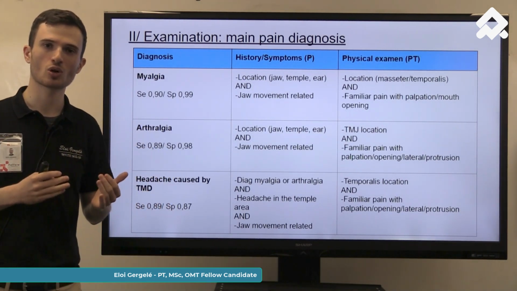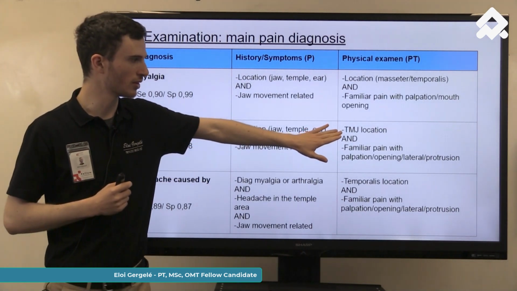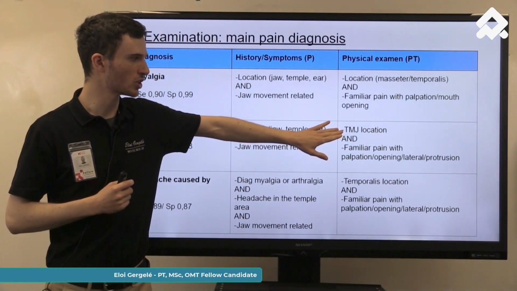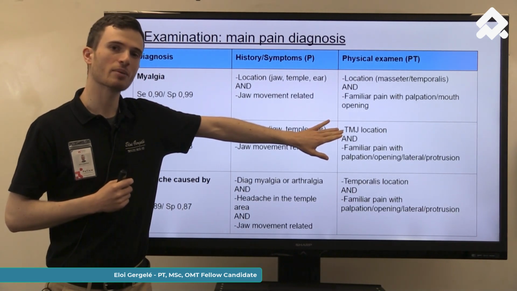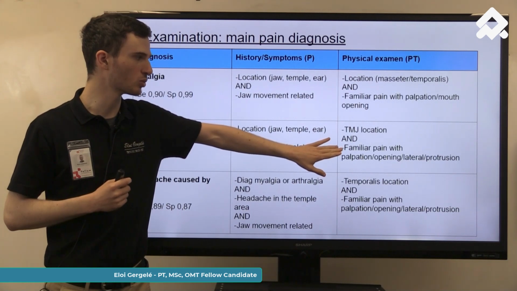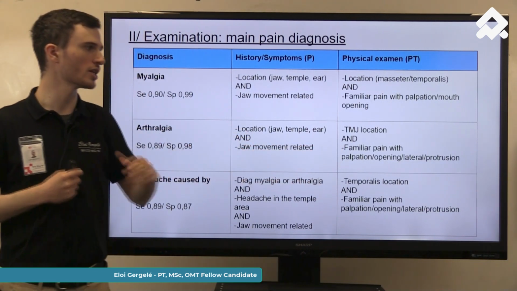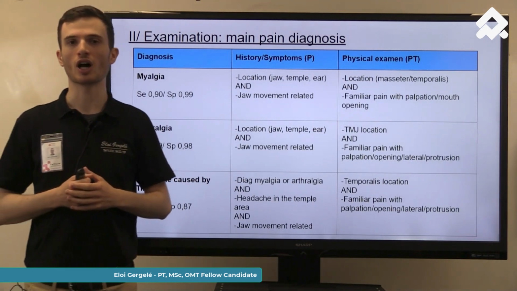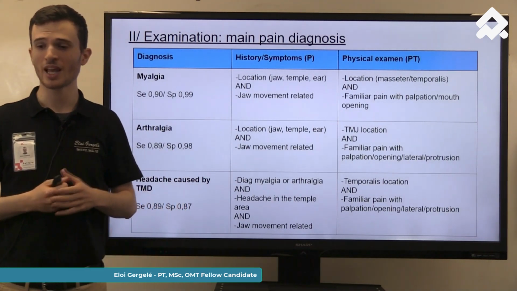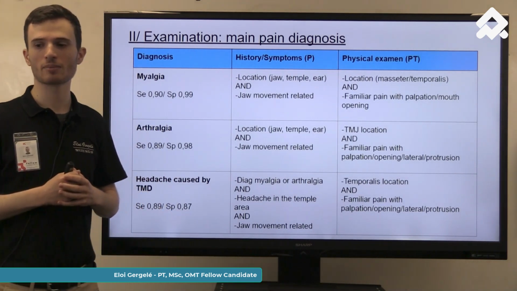It has to be jaw movement related, and we are going to confirm that with the pain location on the TMJ, and we are going also to confirm that we are able to reproduce the familiar pain with palpation, opening, lateral or protrusive movements.